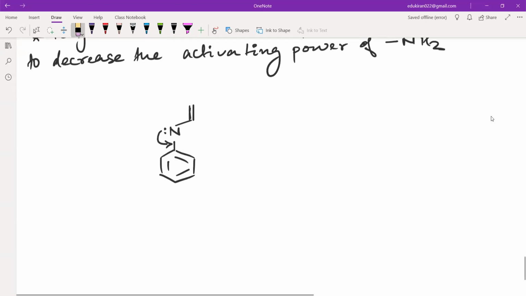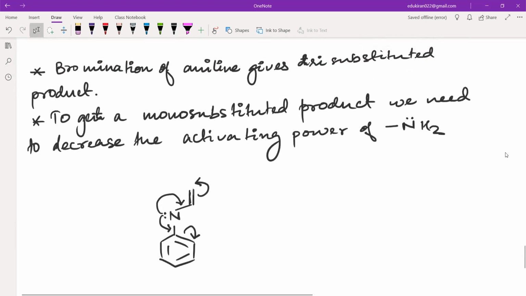Then this lone pair is distracted. Sometimes it will go this side and show this type of resonance, at other times it will go here and show this type of resonance. Can you see this happening? Yes, sir. Right. So we have to decrease the activating power.